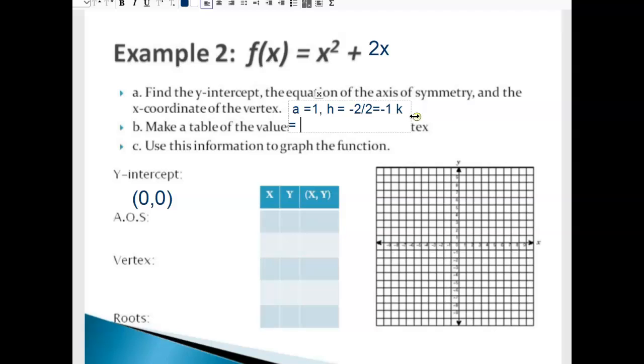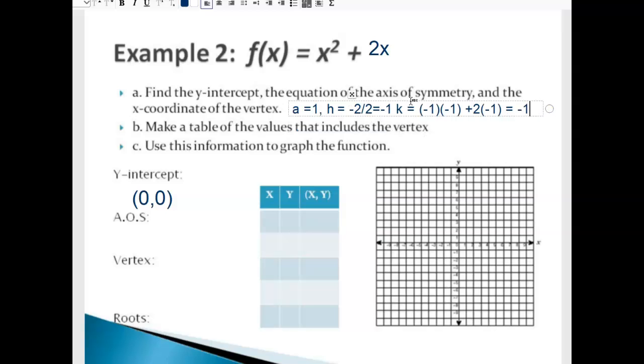So for k, you get negative 1 times negative 1 plus 2 times negative 1. So you get positive 1 minus 2, which is negative 1.